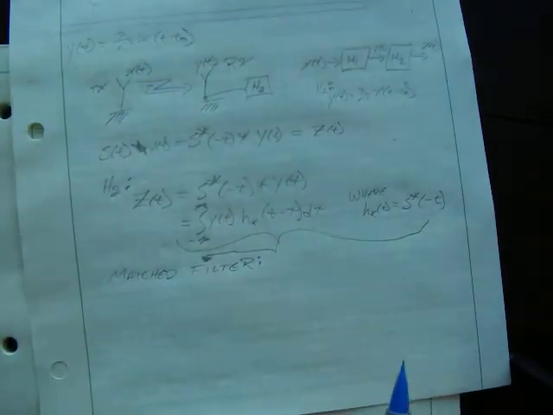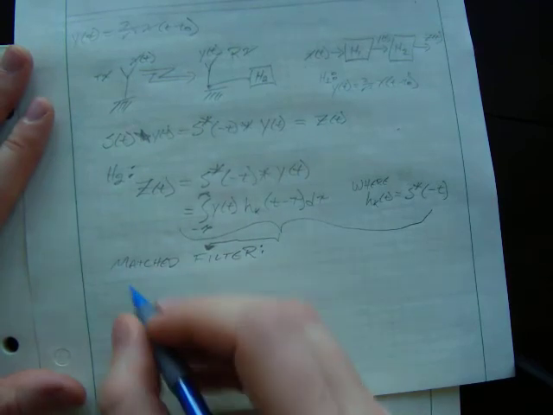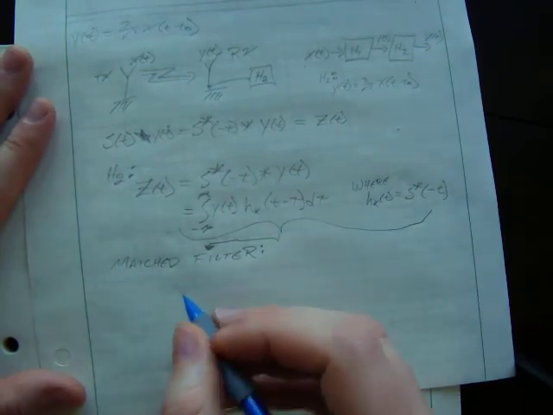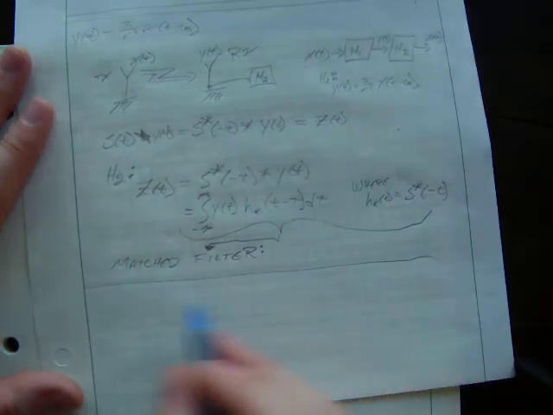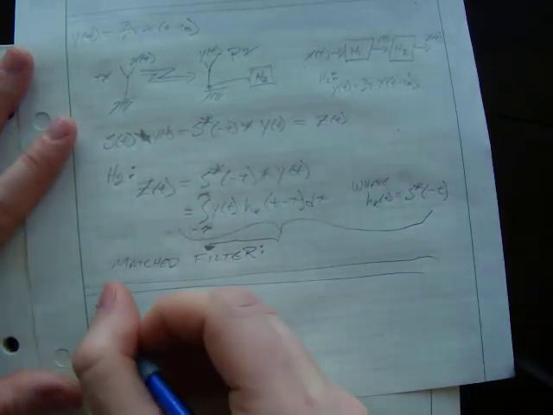Let's take this one step further. What do we have for these matched filter coefficients? The next thing that we're going to talk about is a Barker code.